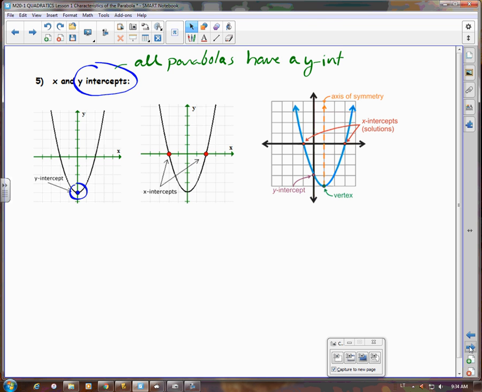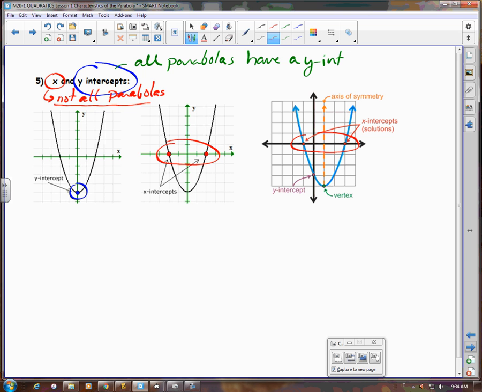Excellent question. The answer is no. In terms of x-intercepts, not all parabolas have an x-intercept or x-intercepts. The pictures that you see here do have x-intercepts. Where does it cross the x-axis?